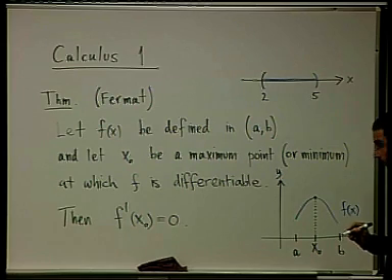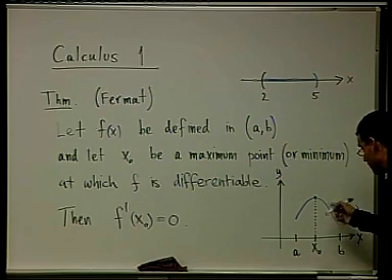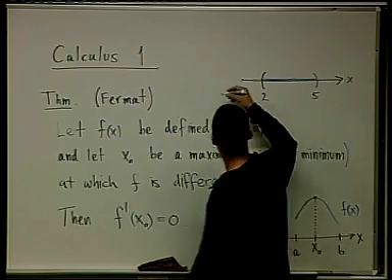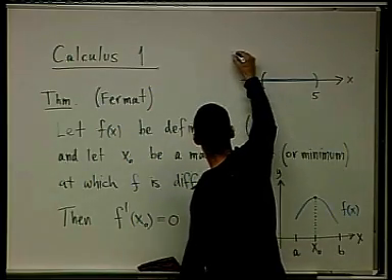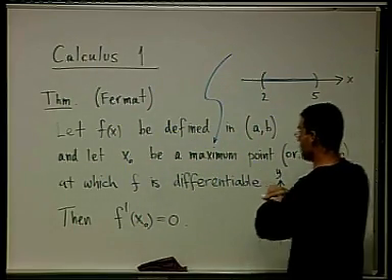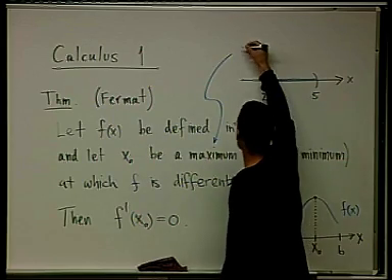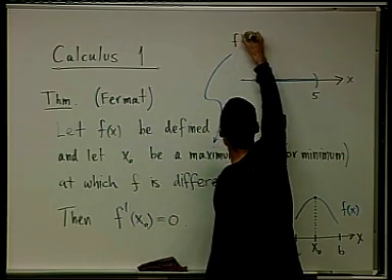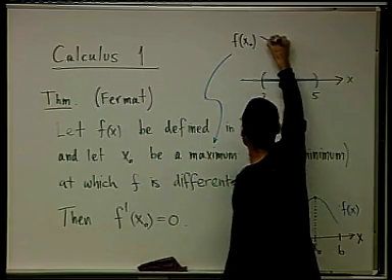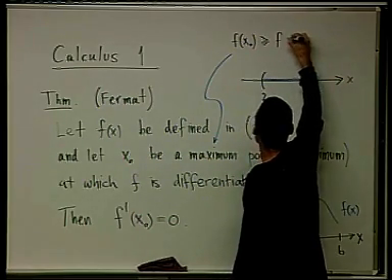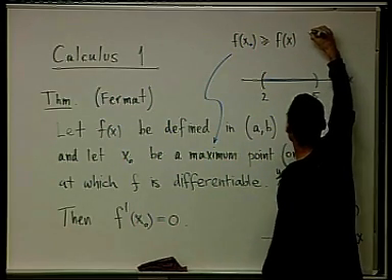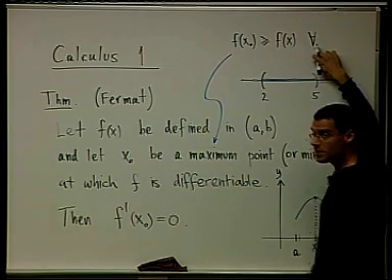Okay? And formalizing this, so a maximum, maybe I'll write it like this. So a maximum is a point, saying that x0 is a maximum means that the value of f at x0 is greater than or equal to the value of f at x for any, do you know this symbol?